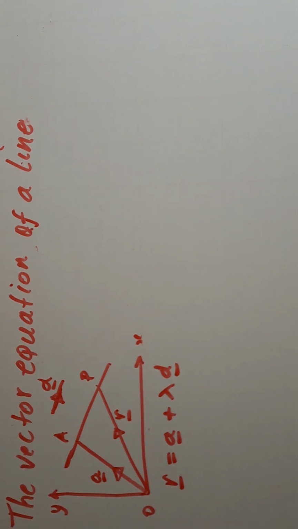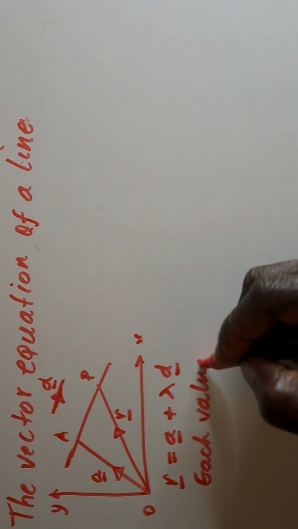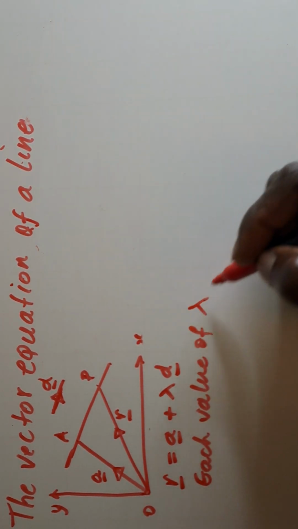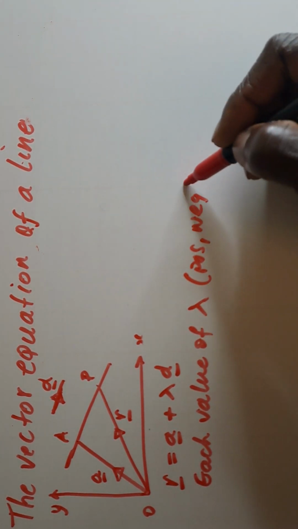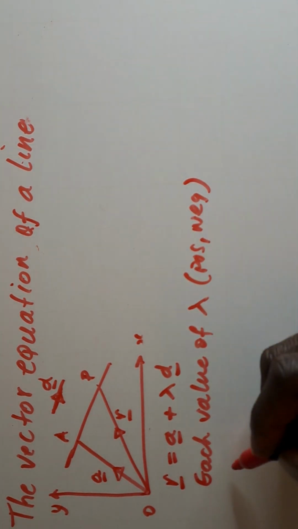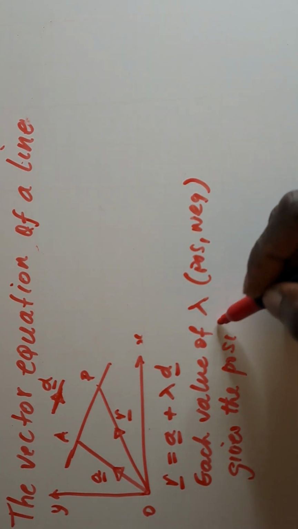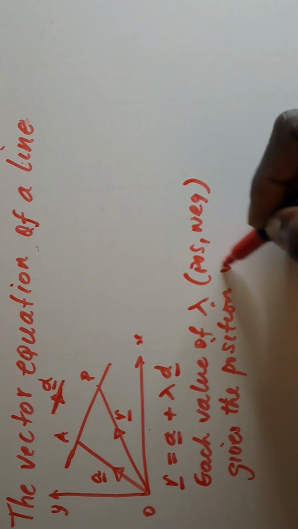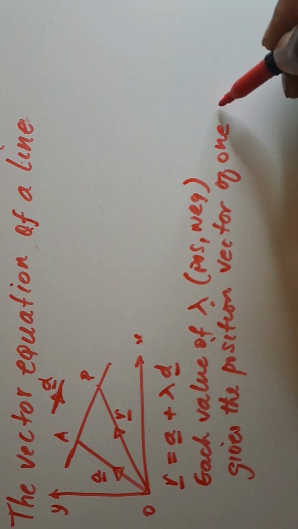Now what are the key points about the vector equation of a line here? Each value of lambda, whether it be positive or negative, gives the position vector of one point.